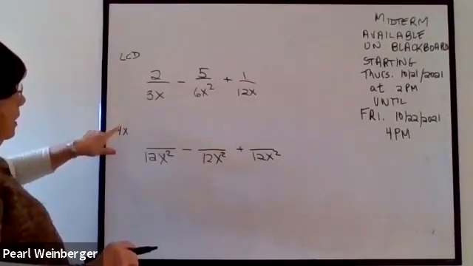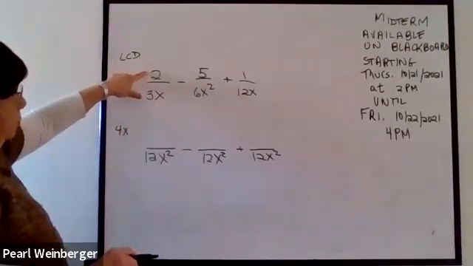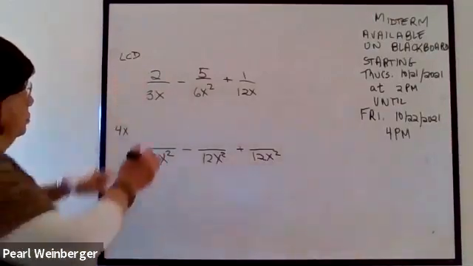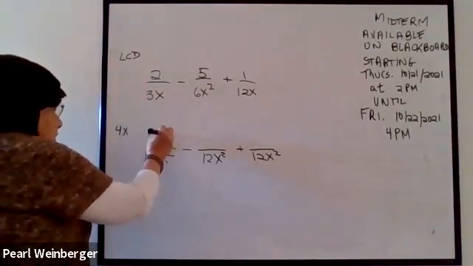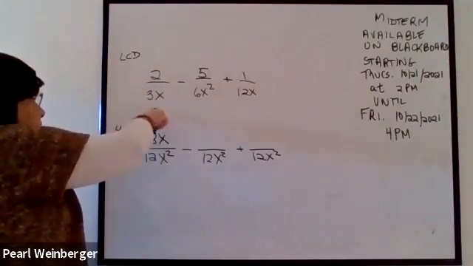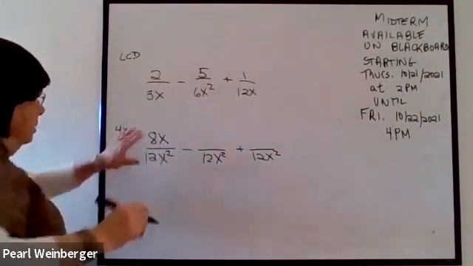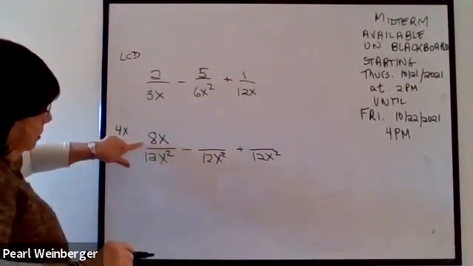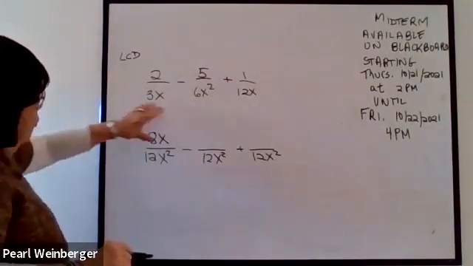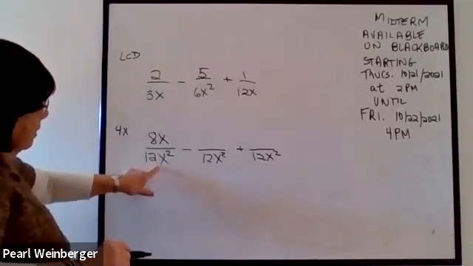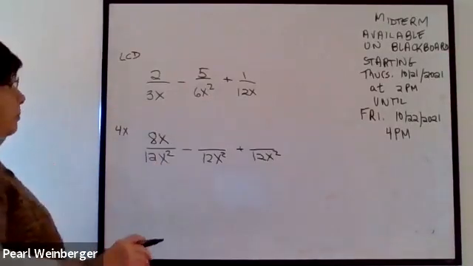Take that 4x and multiply it by the numerator. 4x times 2 is 8x. In other words, I've changed the fraction 2 over 3x to 8x over 12x squared. Notice if you would have reduced this, that's what you get, but you don't want it reduced because you need it to have the 12x squared on the bottom.